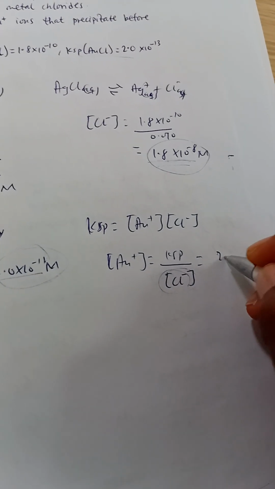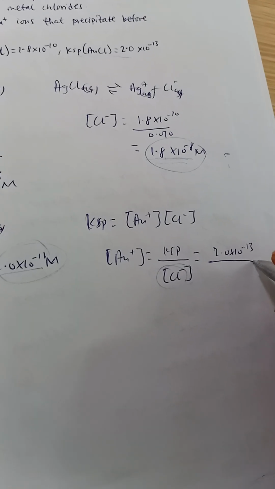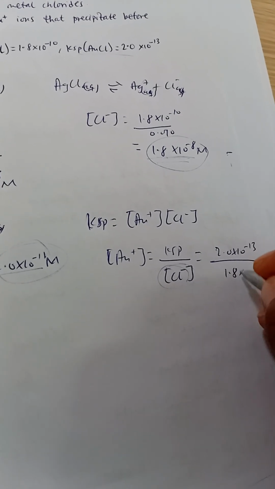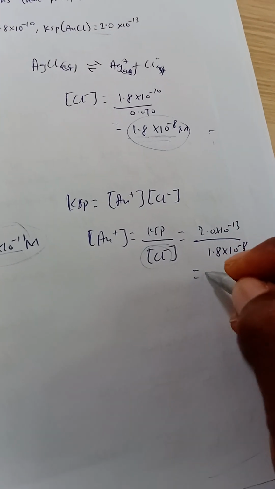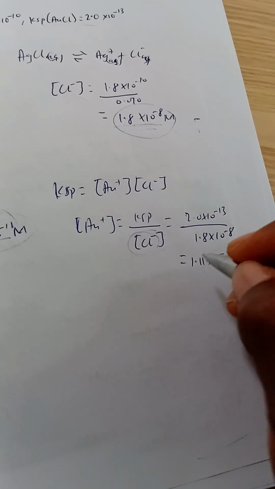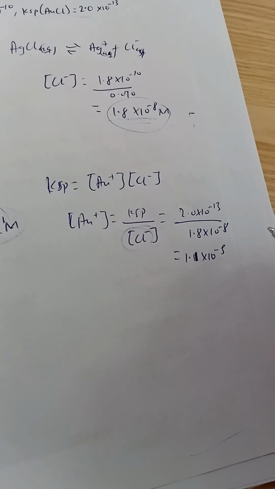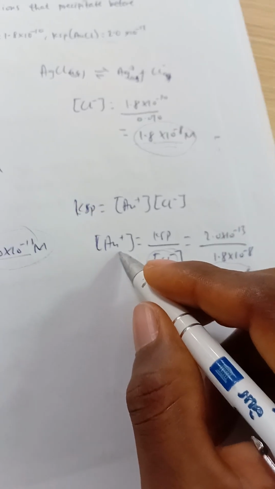So the Ksp was 2.0 × 10^-13 over the concentration of Cl- needed to precipitate silver. From here we get 1.1 × 10^-5. So we've gotten the concentration of gold that was remaining.